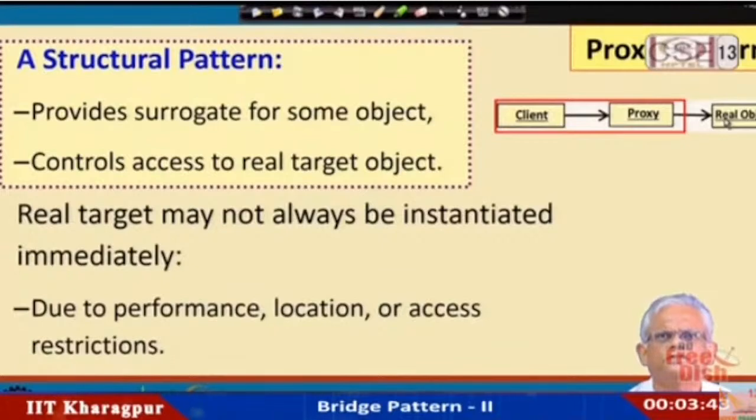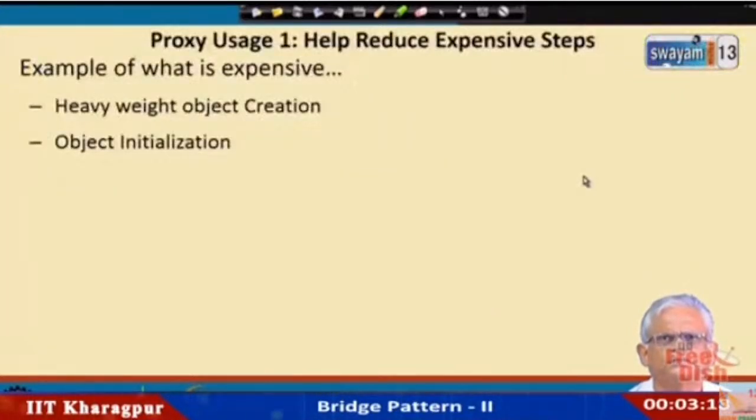And the real object or the server may not be instantiated. The proxy will determine when to instantiate the real object or the server, and that will help us to speed up the application, give improved performance, and also provide location and access restrictions.